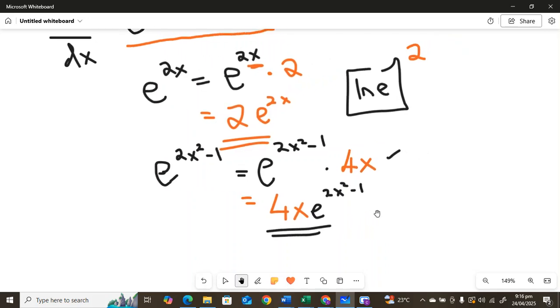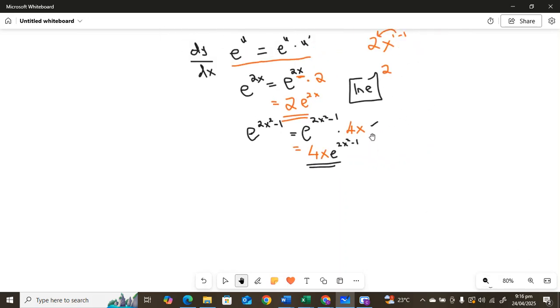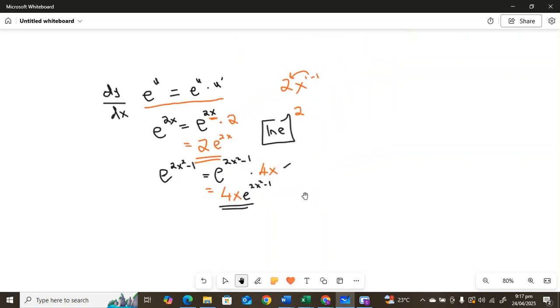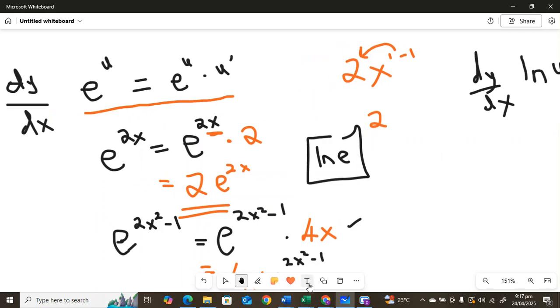Okay. Now we can look at deriving natural logs. Since I'm using u here, you have to put u, not x.